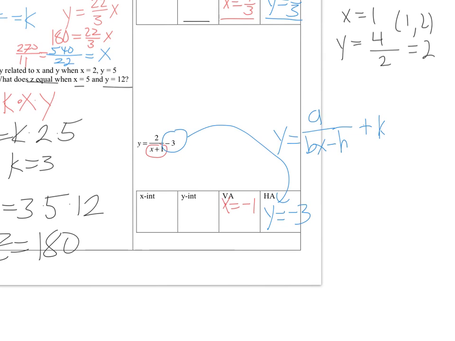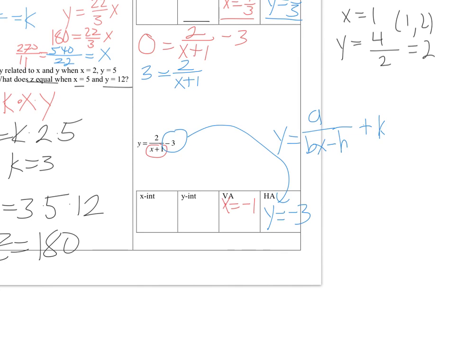Okay. Talking about this in terms of x-intercept and y-intercept. For the x-intercepts, we've got to figure out what makes this graph equal to 0 in terms of y. So 0 is equal to 2 over x plus 1, minus 3. If I add 3 to both sides, I get 3 is equal to 2 over x plus 1.